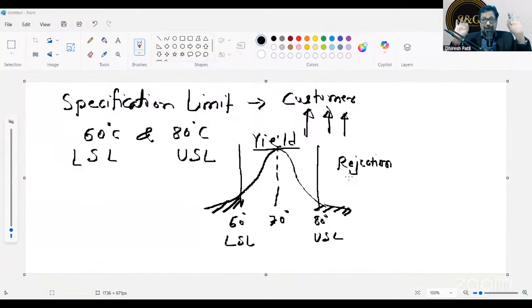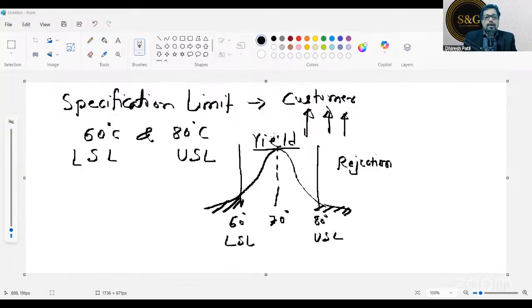Whatever examples you have given, like bore diameter, plus and minus, that plus and minus is LSL and USL. So any bore within that will be accepted. Any bore which is not within that specification will be rejected. This is called process capability.